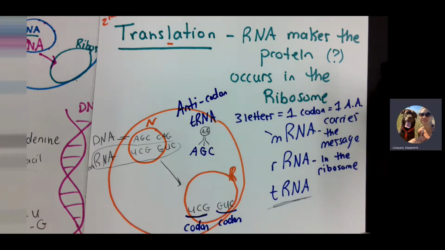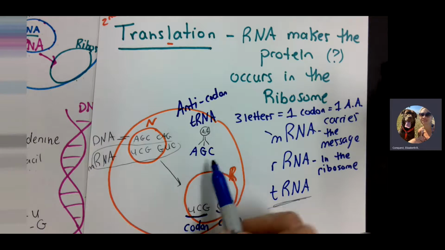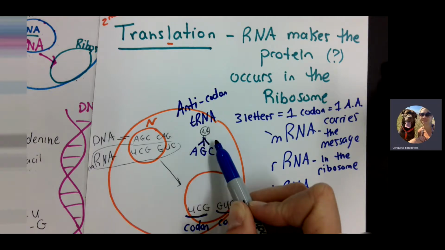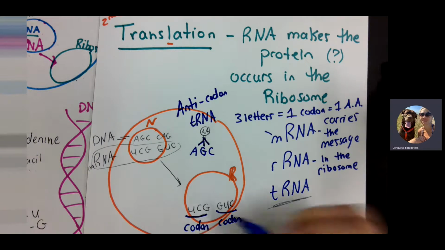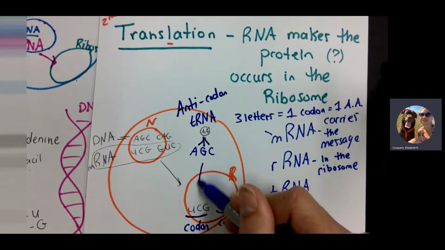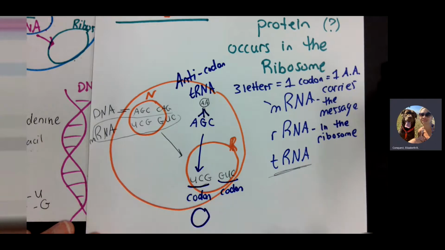Now, a lot of people get confused and think that this is the code for the amino acid. This is not the code. Yes, my transfer RNA is carrying the amino acid, but he has to find the correct landing spot, like a helicopter. So this anticodon flies around till it finds the correct code or codon. He lands, he drops off the amino acid, and then the same thing happens with the next one.